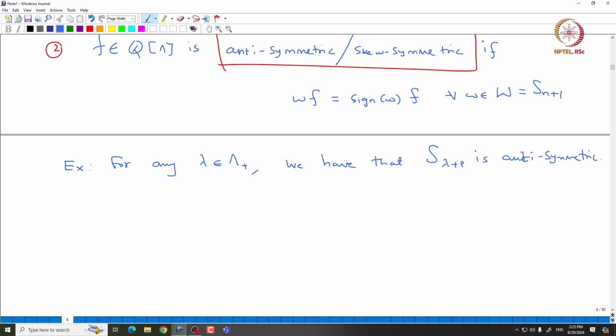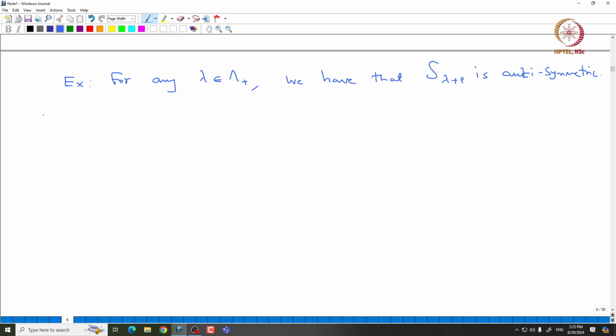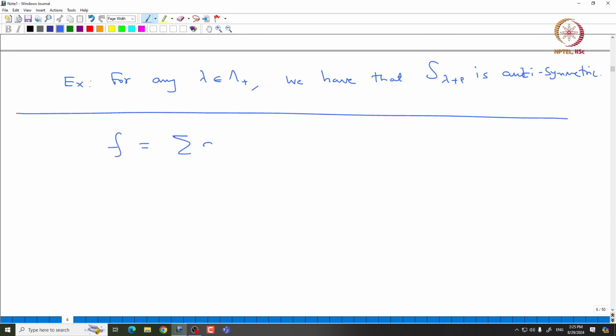So, now we can try to understand what symmetric and anti-symmetric mean in terms of the coefficients of f. So, let us try to understand that. If we write f as the summation of a mu e power mu, where mu comes from lambda, suppose f is symmetric.